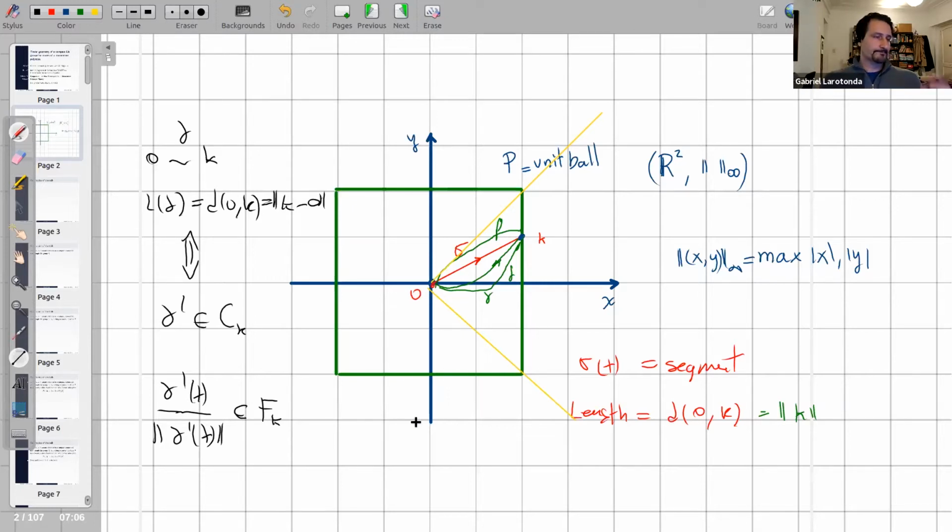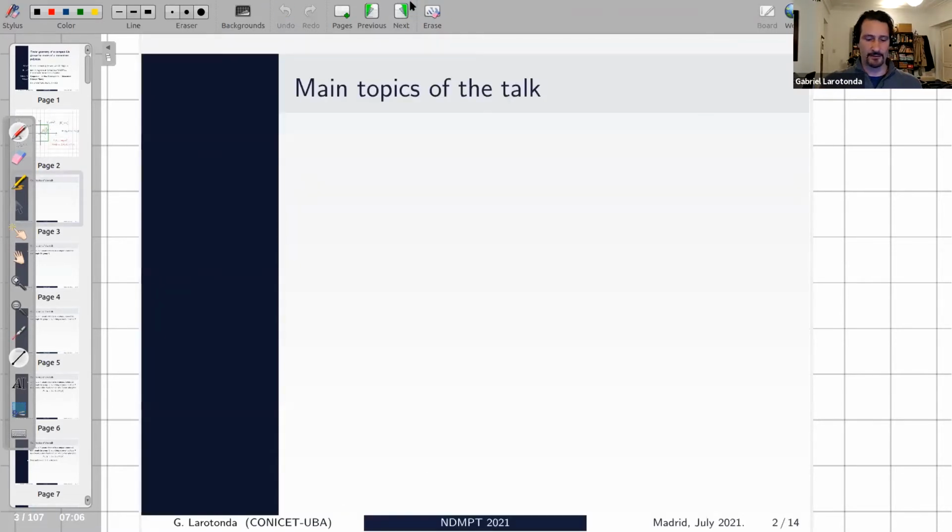Well, this is just an introductory example, but it's the guiding principle behind most of the discussions that we'll be having next. So keep it in mind, because what we are attempting is to generalize this to compact Lie groups with bi-invariant metrics. Okay, so we now start the talk.